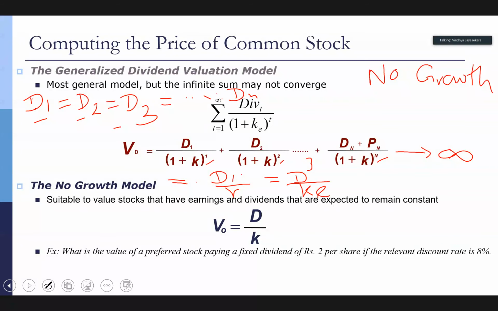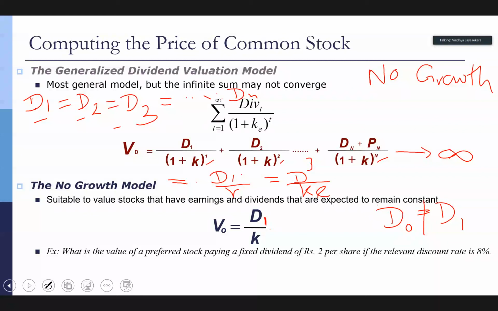Remember, this is D1 divided by K. Technically, D0 and D1 could be the same, but in case it is not, then you must use next year's dividend because it's the present value of future cash flows, right?